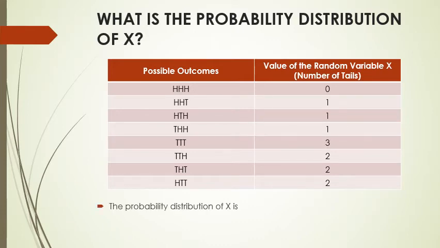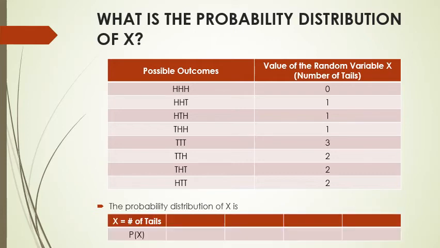We will make a separate table showing the number of tails represented by x and the P of x, which is the probability distribution of x. Let's start with the number of tails: 0, 1, 2, and 3. Then we will find the P of x for each number of tails.